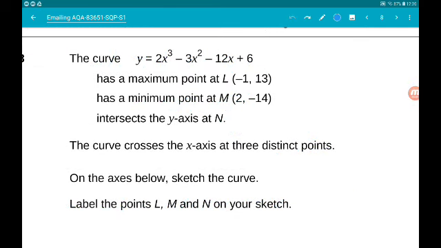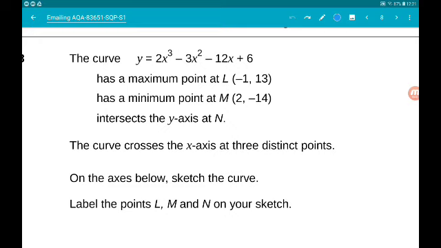Okay, next up, the curve y equals 2x cubed minus 3x squared minus 12x add 6 has a maximum point at L (-1, 13), a minimum point at M (2, -14), and crosses the y-axis at point N. Now we can actually work that out, which we will do in a sec.